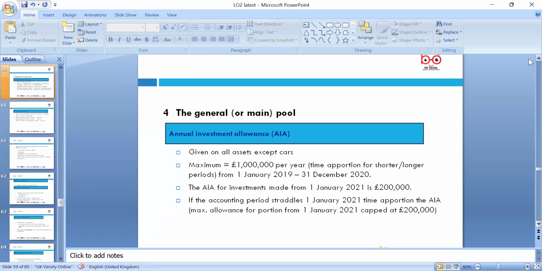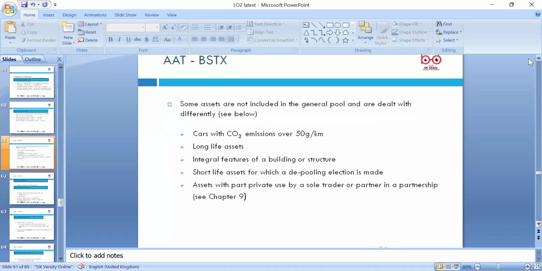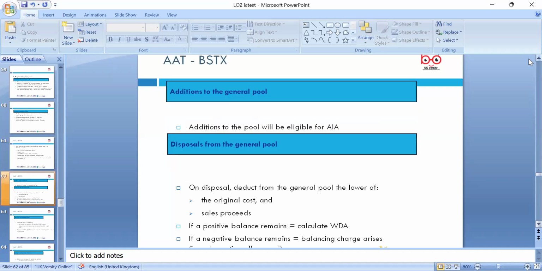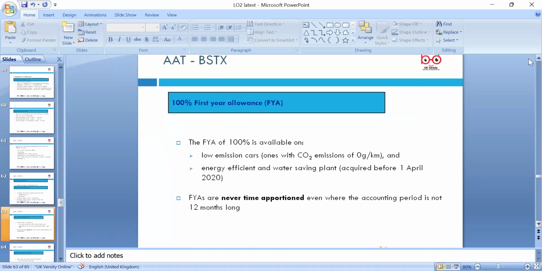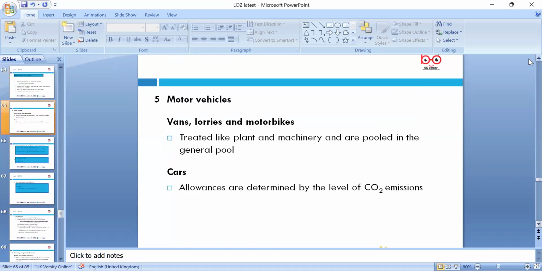So the annual investment allowance in the year was 200,000, and for the accounting period we can proportion it. Yes, written down allowance for 12 months. We can scale down or scale up the allowance, which we can claim with the CO2 emissions and their lives, and the rules we need to look at according to the Finance Act, whichever year you're using for your calculation.